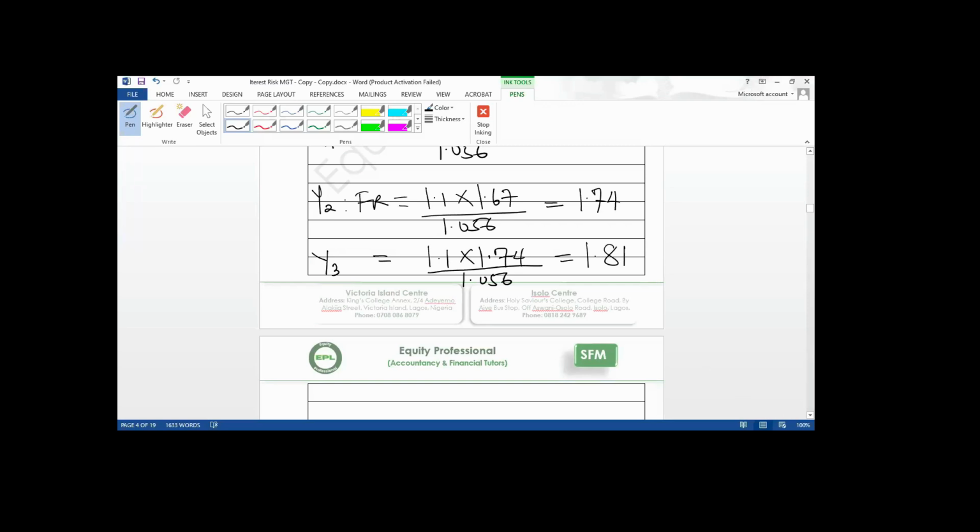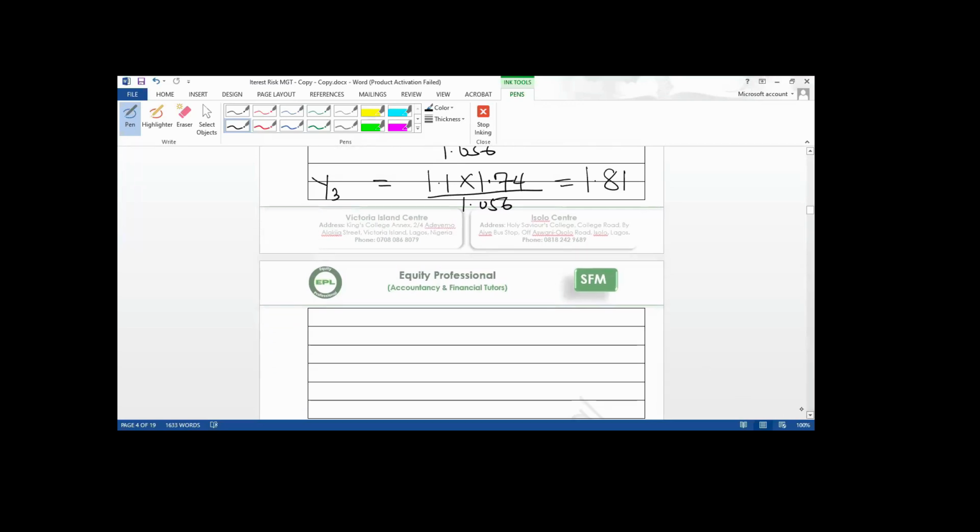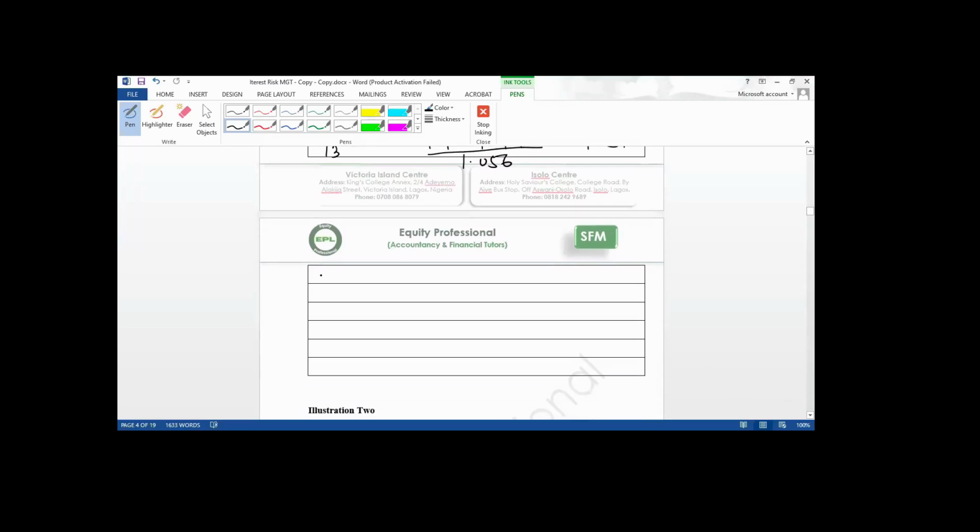If you want to get year four, 1.1 multiplied by 1.81 divided by 1.056. What do you have here? 1.89.